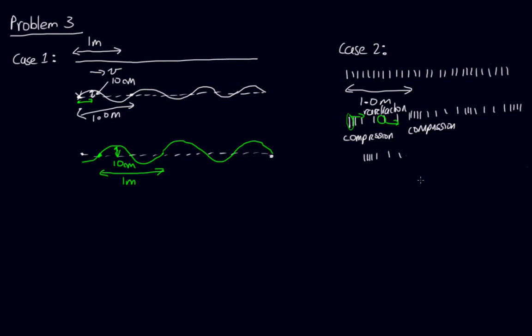So rarefaction is spaced out. And this compression's moved on to here. So just roughly sketching it, it'll look a bit like that.